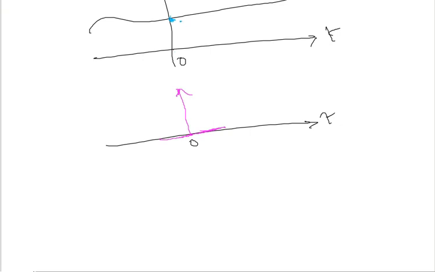So this value is x of 0. So we will get an impulse of strength x of 0. So multiplication of this signal with an impulse will give us another impulse of strength x of 0.